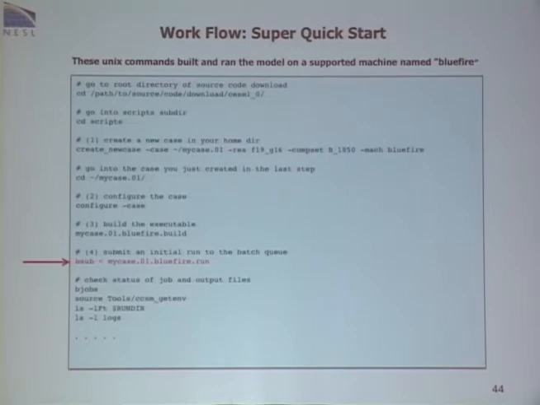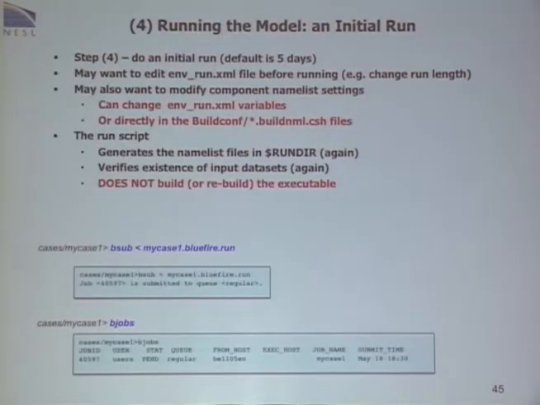This is the part of the quick start guide that has the batch submission for the run script. Usually when you're running a specific case for the first time and you want to make sure it's set up correctly, you do an initial run for, our default is 5 days, but usually you can shorten it or lengthen it by changing env_run.